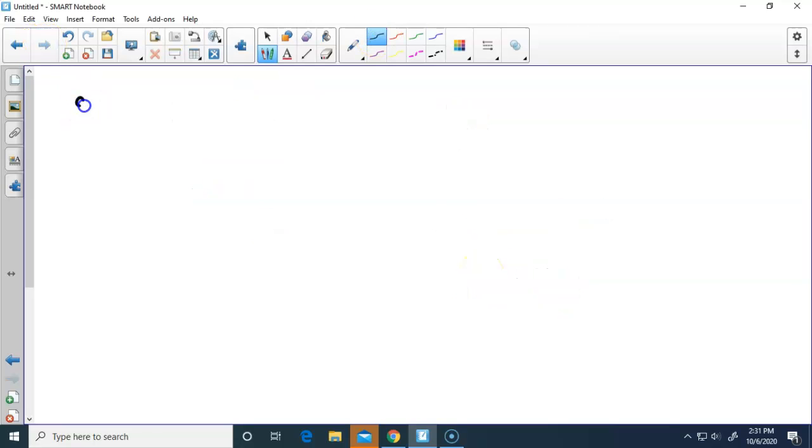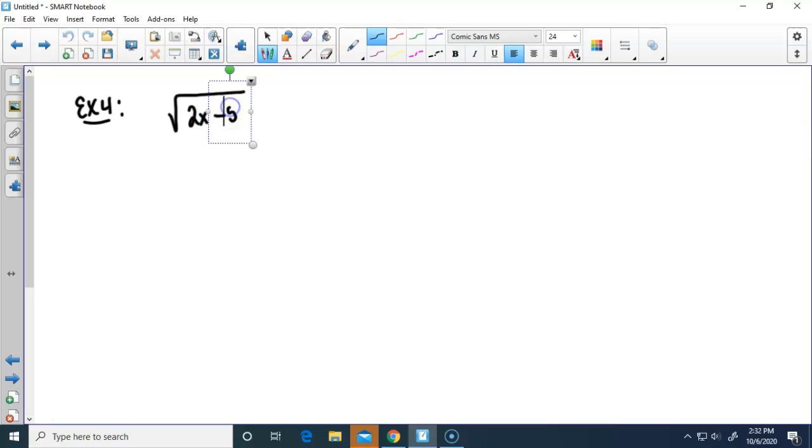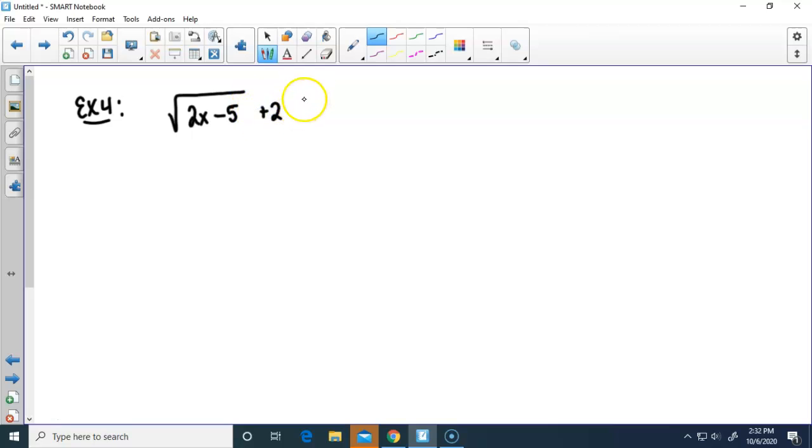For example 4, we are going to have the square root of 2x minus 5 plus 2 is less than or equal to 8 here.